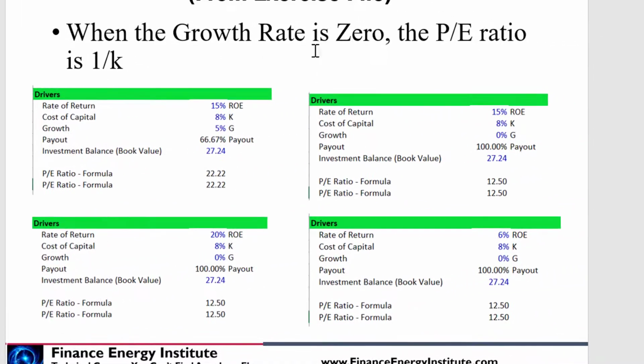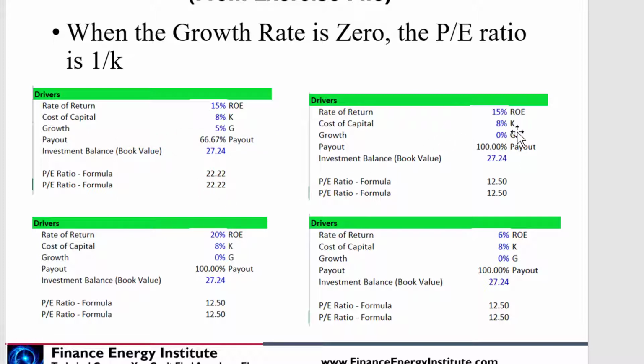When the growth rate is 0, it doesn't matter. You just have basically a bond. It's like a perpetuity bond, no matter what the return is. So here we have a return greater than the cost of capital and some growth, and the PE ratio, whether we use this formula or take the NPV over the really long term, is 22.